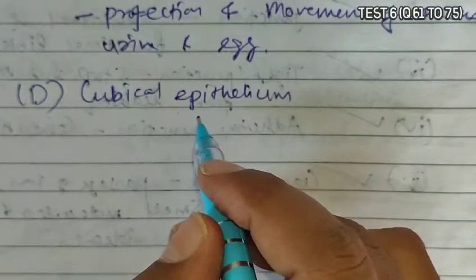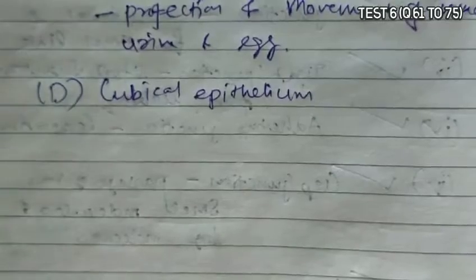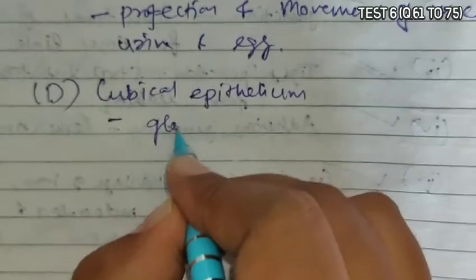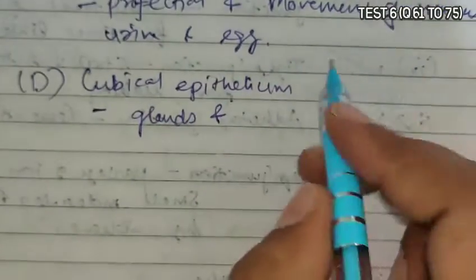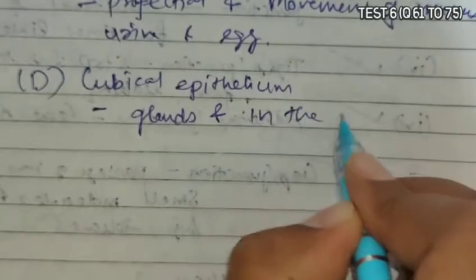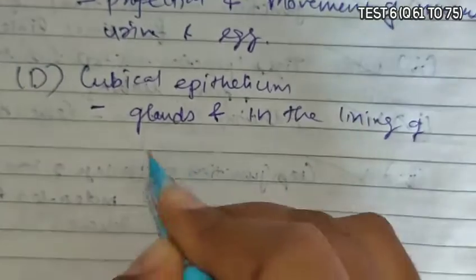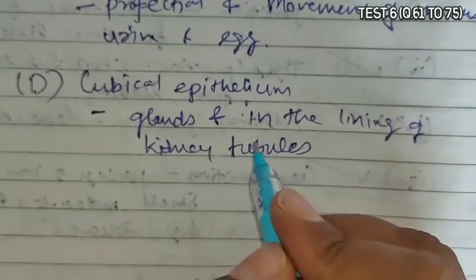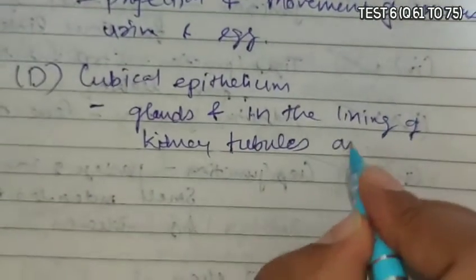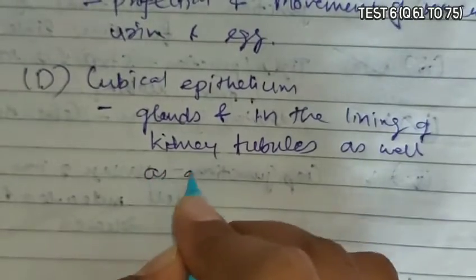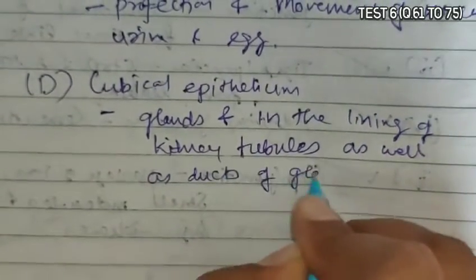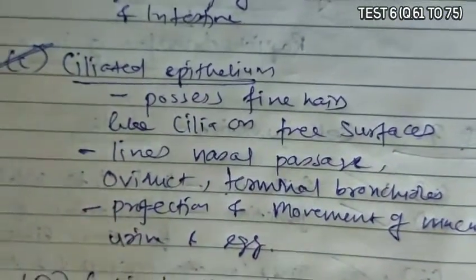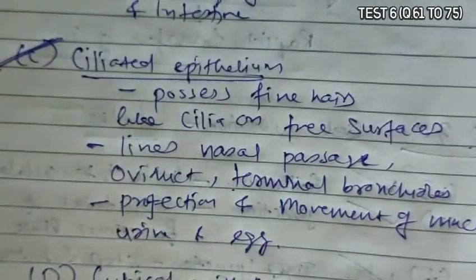So this cuboidal epithelium is found in glands and in the lining of kidney tubules, as well as in ducts of gland. So if we go through all these four options according to the question, our C option becomes the correct answer, that is ciliated epithelium.